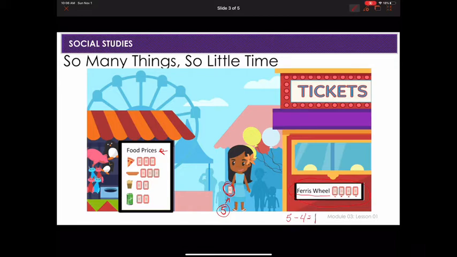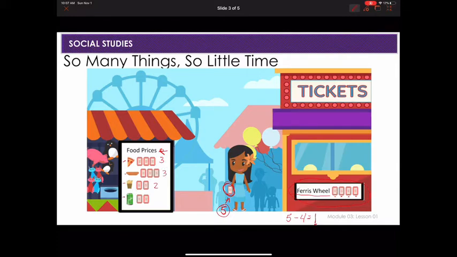Okay? Well, what if she wants a food item also? If she goes on the Ferris wheel, she only has 1 ticket left. Are there any items that cost only 1 ticket? No, you're right. Everything at the food store or the food booth costs more than 1 ticket. Pizza costs 3 tickets. The hot dog costs 3 tickets.